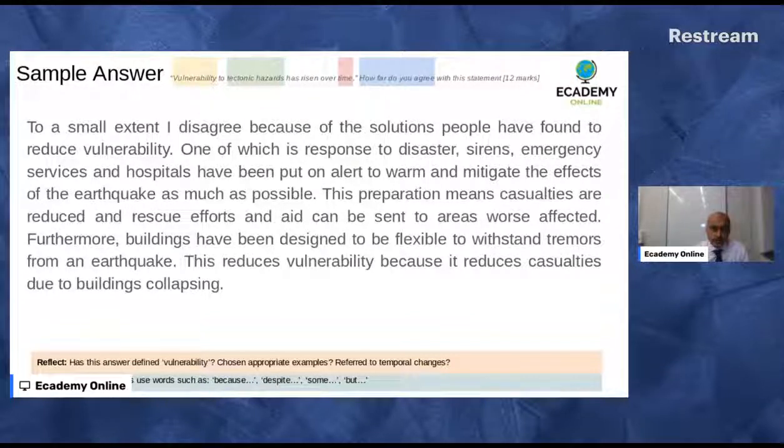Okay, so in the chat, just tell me, has this answer defined vulnerability? Have they chosen appropriate examples? Have they referred to temporal changes?